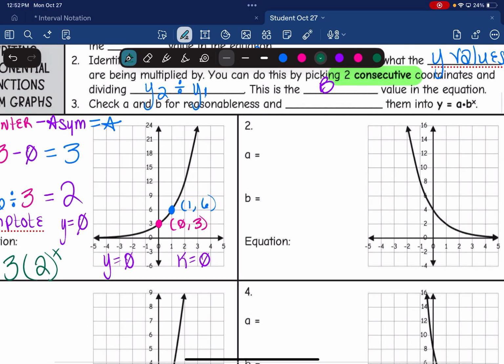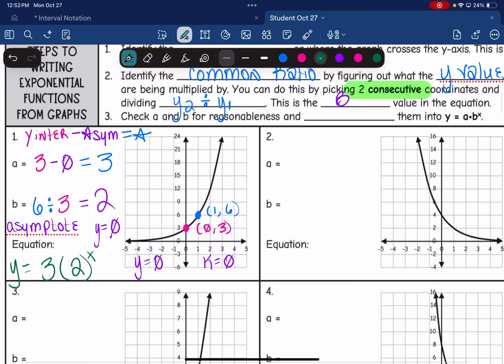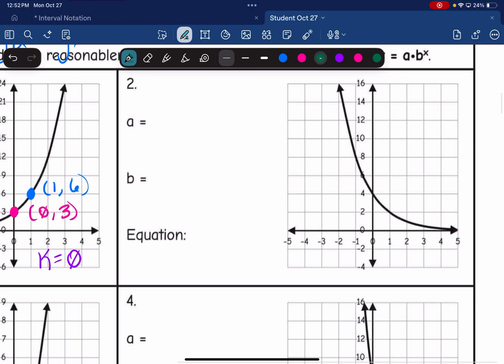So again, the first thing I'm going to look for is my asymptote. Here my asymptote is again the x-axis. So y equals 0 is my asymptote because k equals 0.